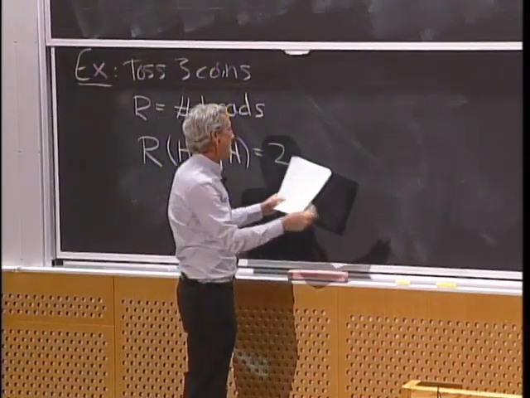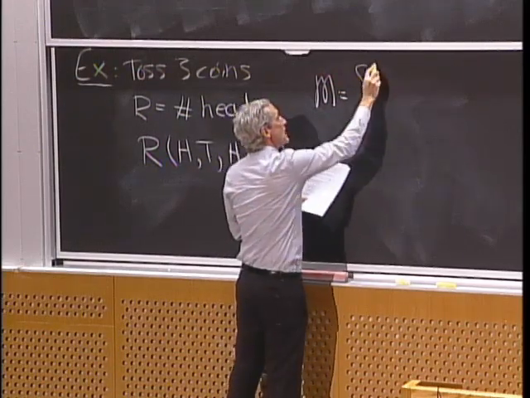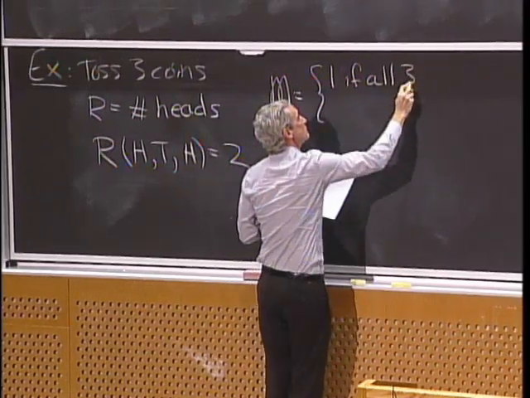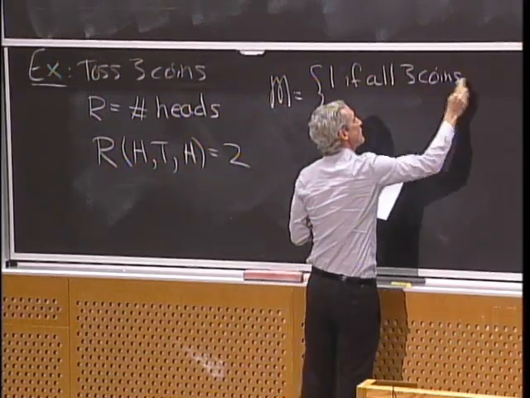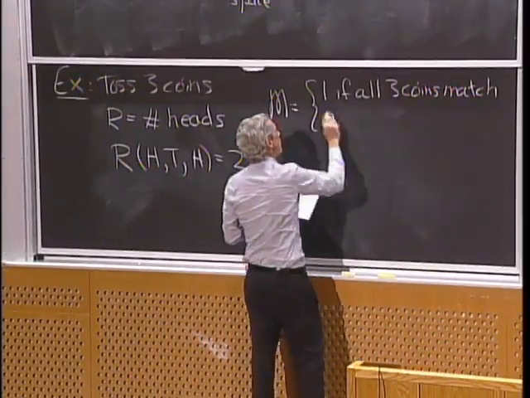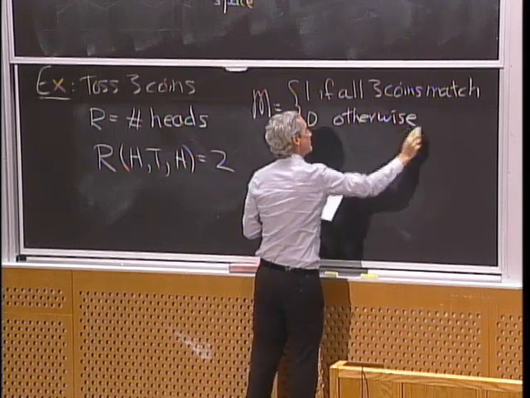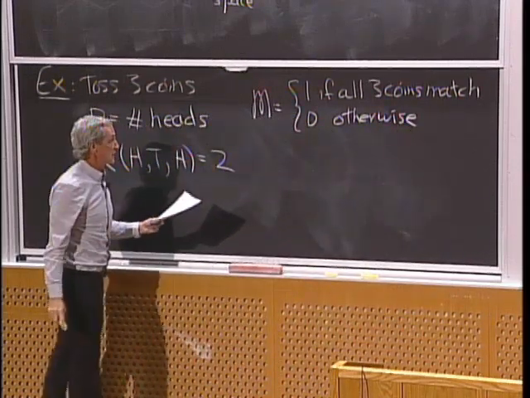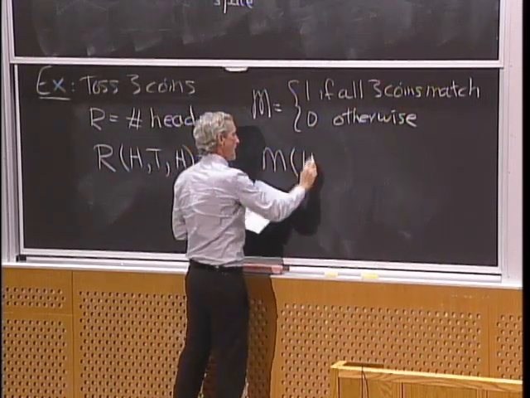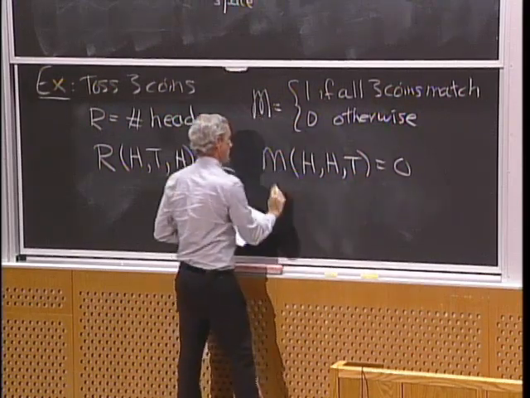We could also define another value, call it M, which we'll say is 1 if all 3 coins match, if they're all the same, and 0 otherwise, if they're not all the same. For example, M on the outcome heads, heads, tails is 0.